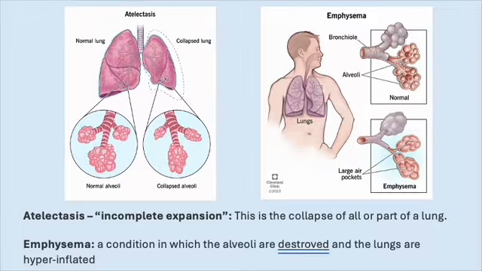And so the result is that the lungs become hyperinflated. They can get air in, but they can't easily push that air back out. So this trapped air makes the lungs actually look larger on an x-ray, but it makes them much less efficient at moving oxygen into the blood.